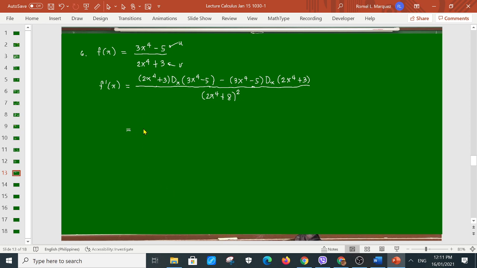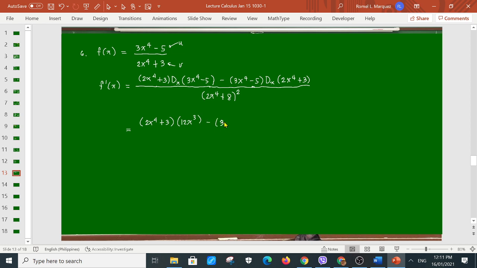So we have copy 2x to the fourth plus 3. What's the derivative, guys, of the second term? Anyone? I mean this part. 12x cubed, no? Then 0. I will not write that.